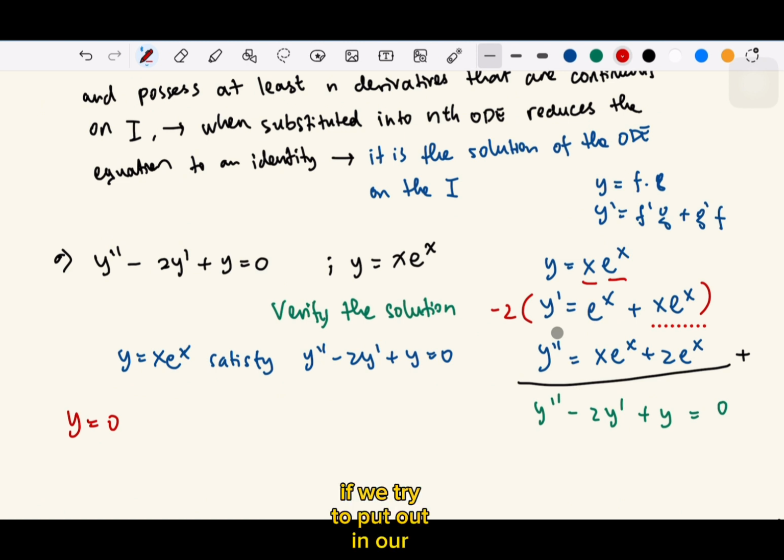If we put it into our equation, it's also possible, right? So sometimes we call this a trivial solution.